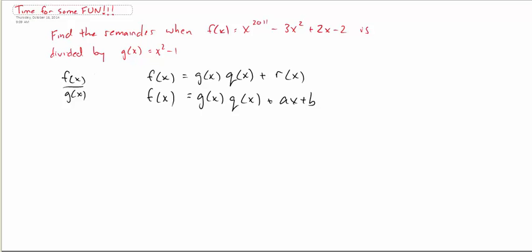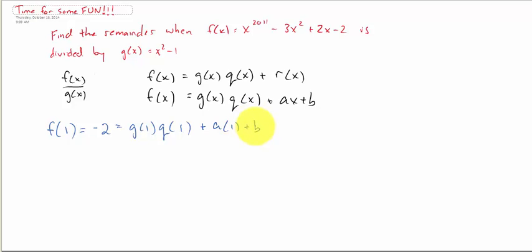So what we're going to do is let's find f of 1. Why f of 1, you might say? Well, 1 is a 0 of the denominator. So f of 1, if we plug that in, we're going to get negative 2. So f of x equals g of x, so g of 1 times the quotient evaluated at 1, plus a times 1 plus b.